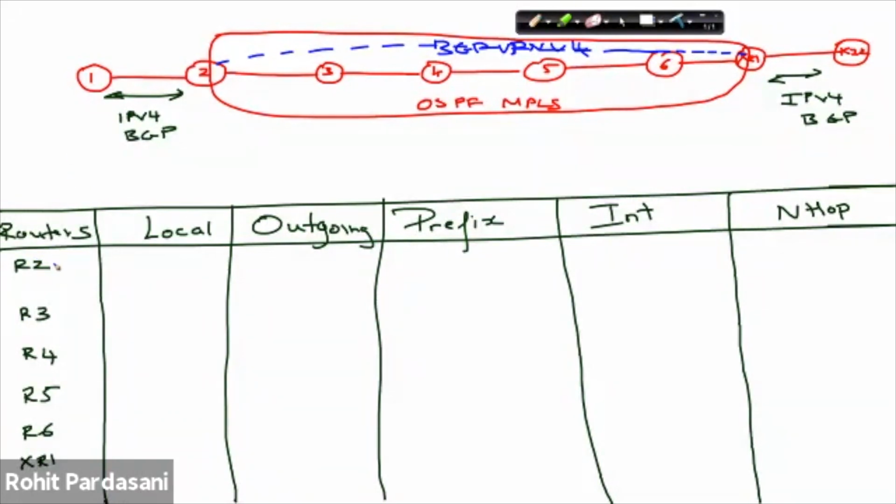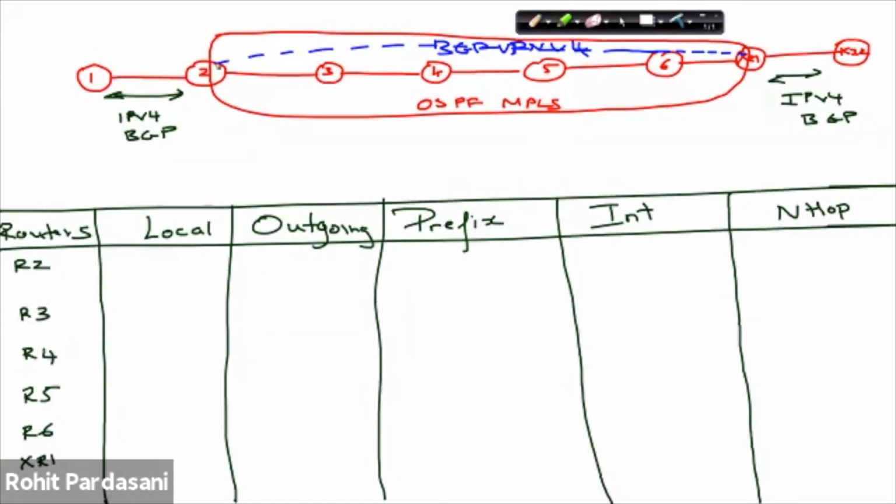So R2 is going to advertise a label representing his loopback. He would advertise a unique label for that loopback. And because this loopback is directly connected to R2, R2 advertises a special label, which is called implicit null. The label number is 3.